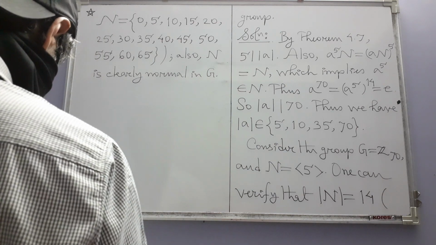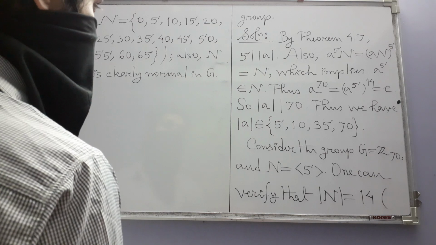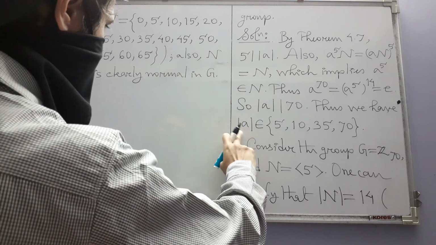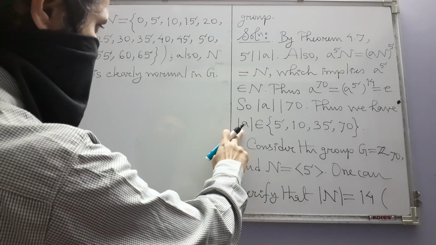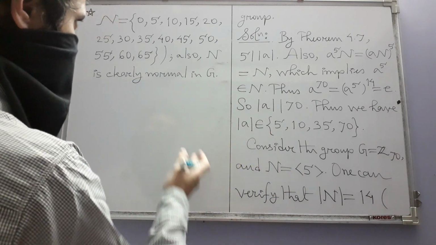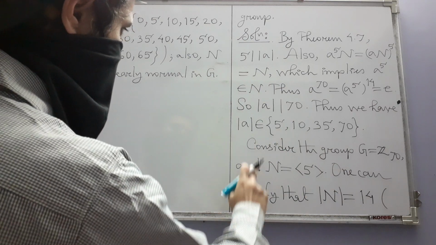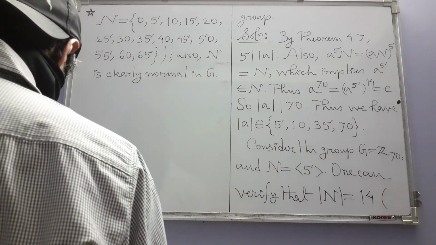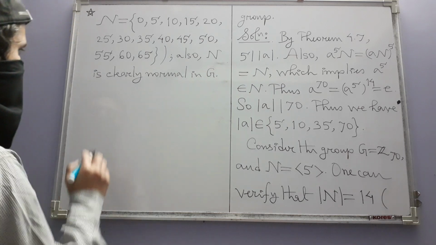But now, what about the element A? What sort of elements A should we choose in this group G so that we will realize these orders? And those elements are this.